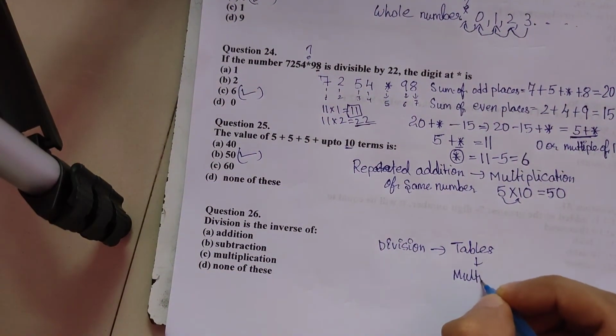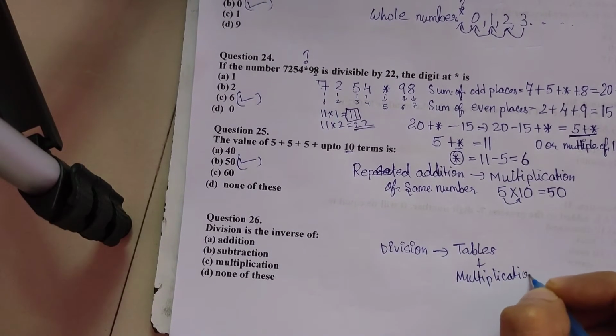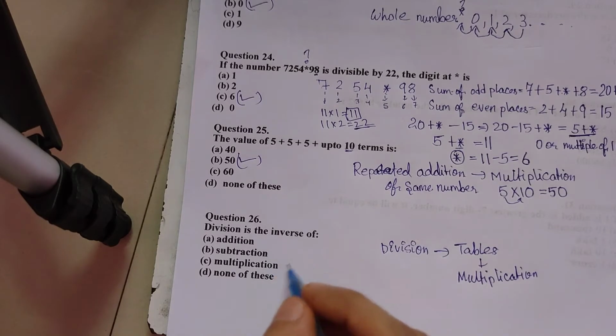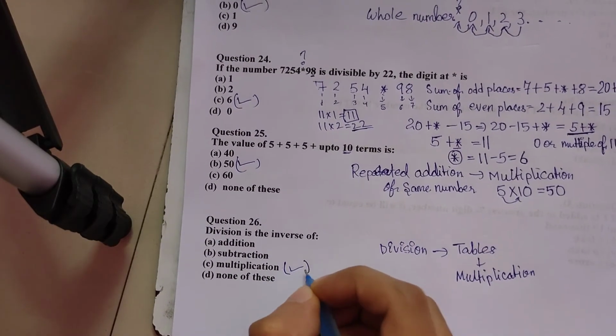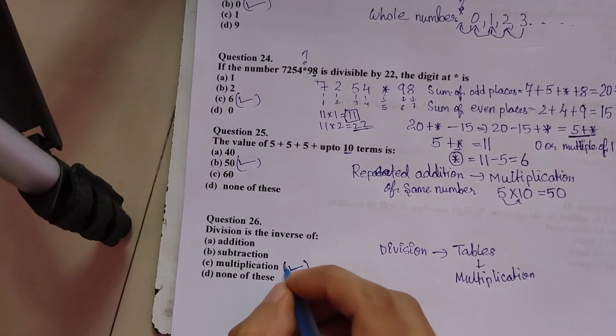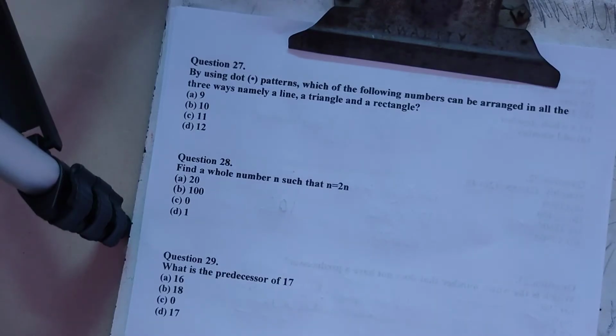So we can say that division is an inverse of multiplication. So we will be going with option C. Right? Division is the inverse of multiplication. Let us move on to the next one.